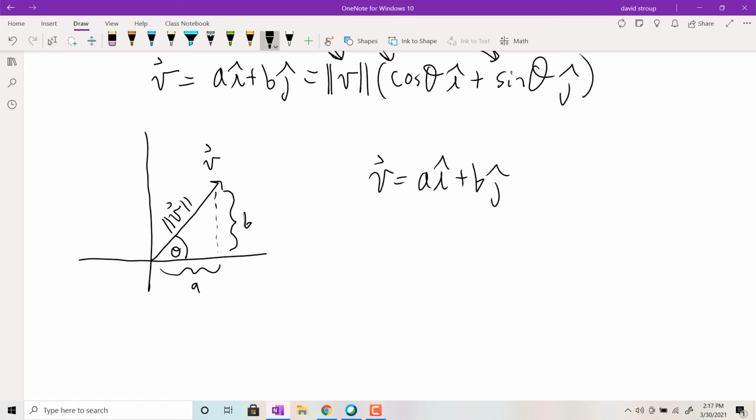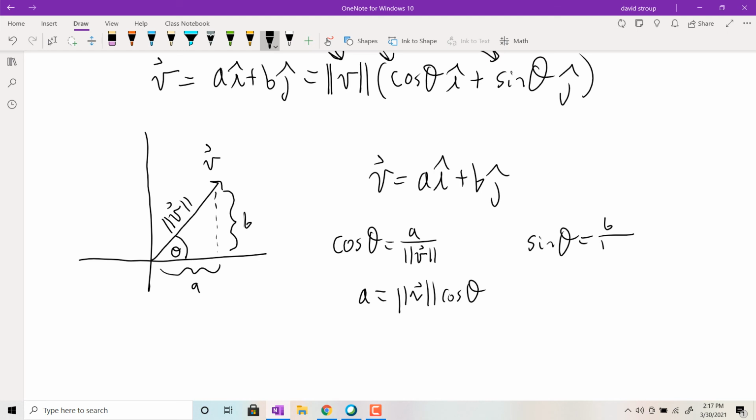Okay, so I recall that the cosine of theta will be adjacent over hypotenuse. So the a in our vector will be the magnitude of v cosine theta. And then I recall that the sine of theta is equal to opposite over hypotenuse. Solving for b, I get the b component is equal to the magnitude of v times sine of theta.